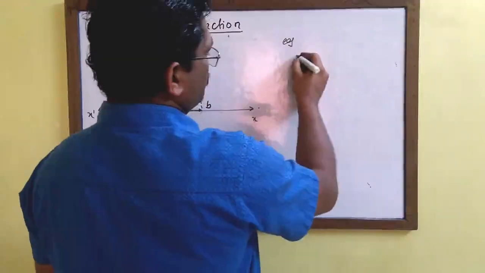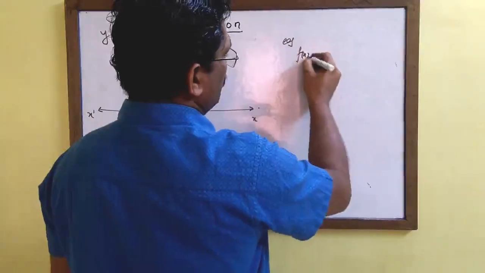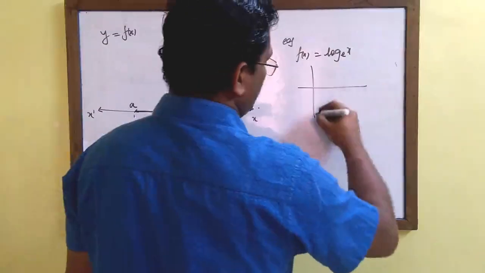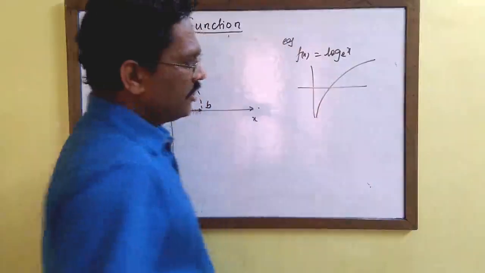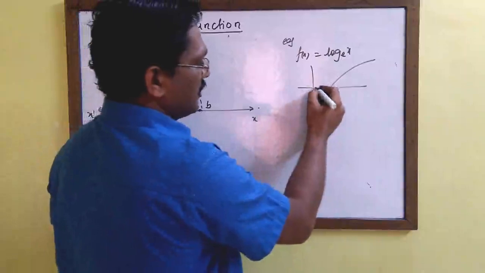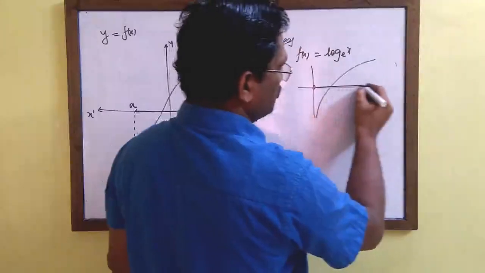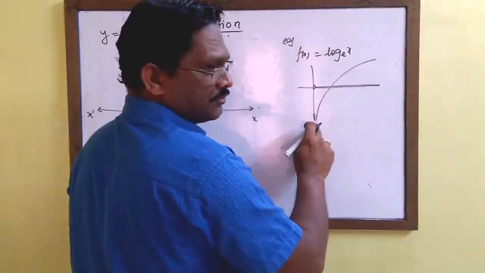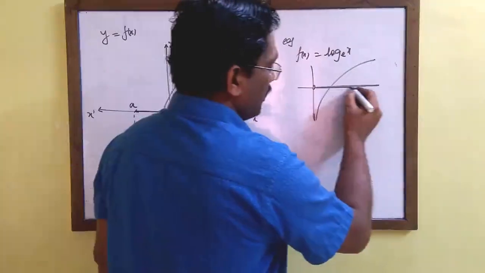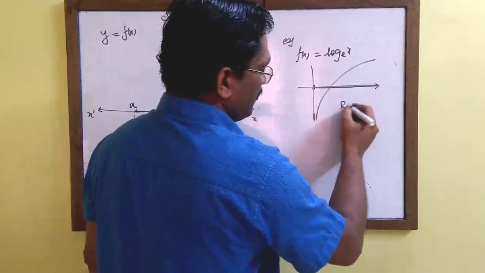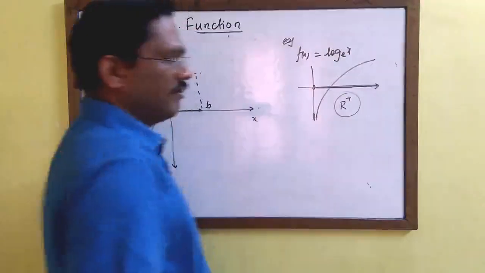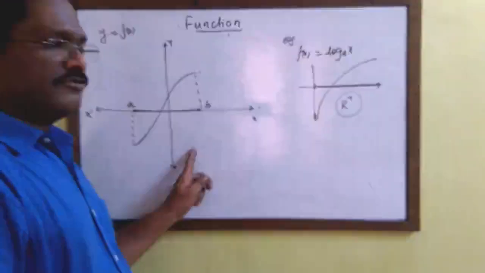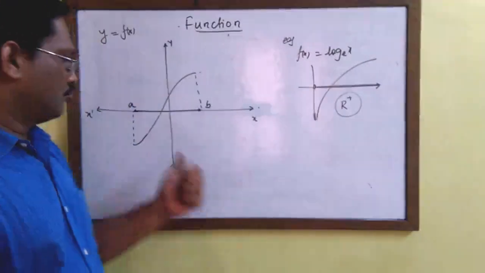In practical terms, if I take, say, f(x) equal to log x, and I want to find the domain of this function, if I project this graph over the x-axis, it will cover just the positive part of the x-axis, because this part is never going to touch practically. So the right side, that means R plus, is the domain of your function. So projection of any graph over the x-axis signifies the domain of a function.